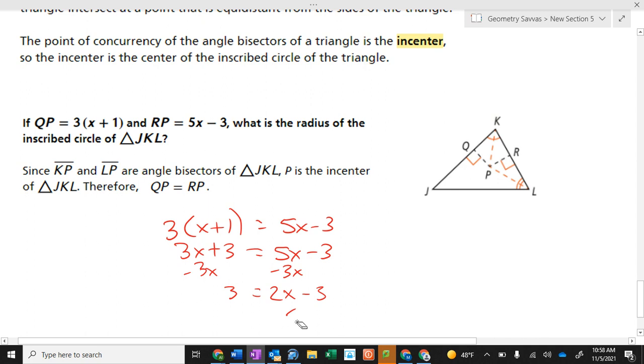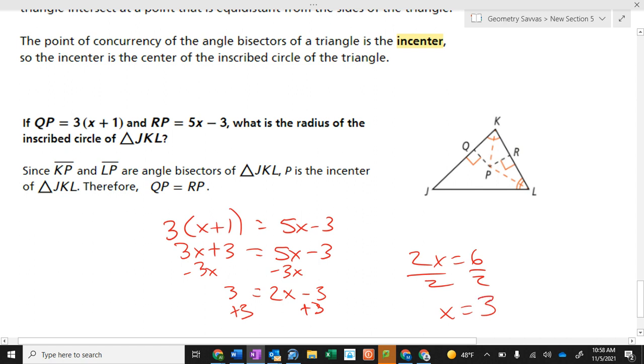Because you want to get the variable alone, so it sets you up to figure it out easier. Now what do we do? Add 3. So 2x equals 6, divide by 2. X equals 3. So is our radius 3?